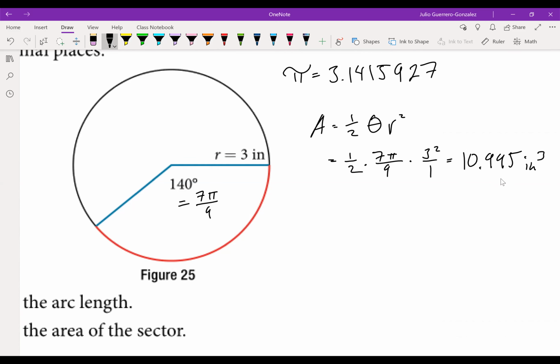Cubed. Is it cold where you guys are at? Oh, squared.